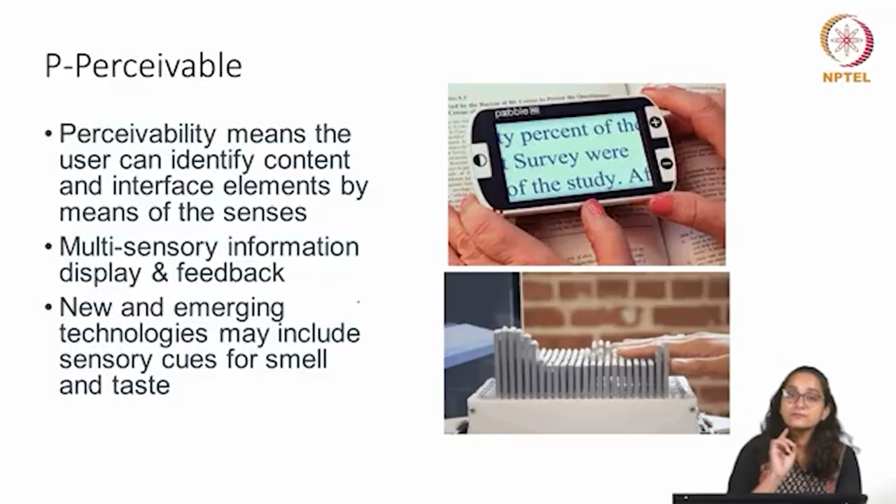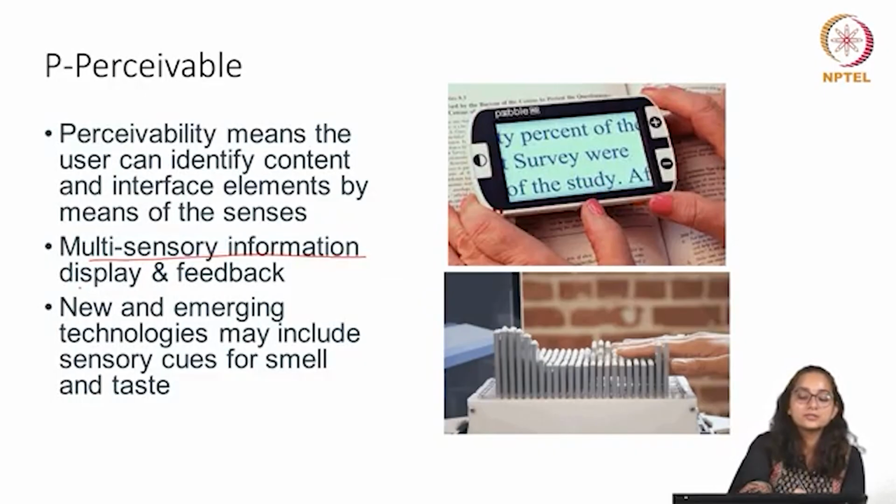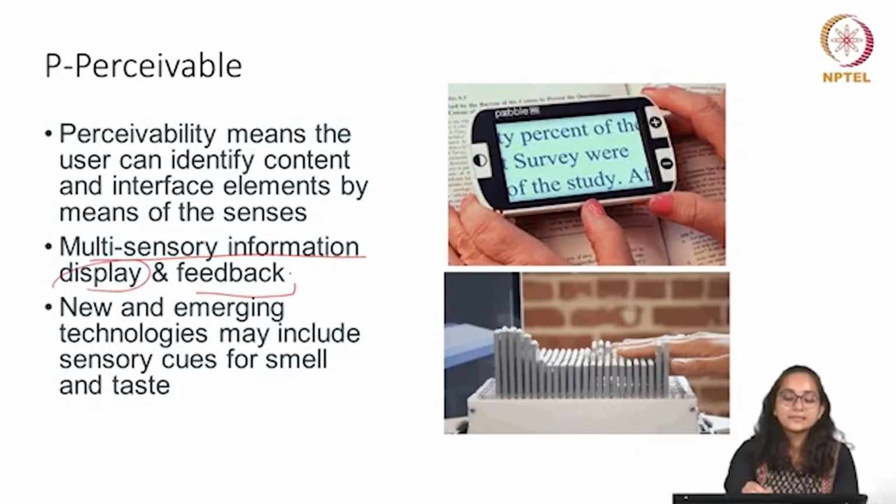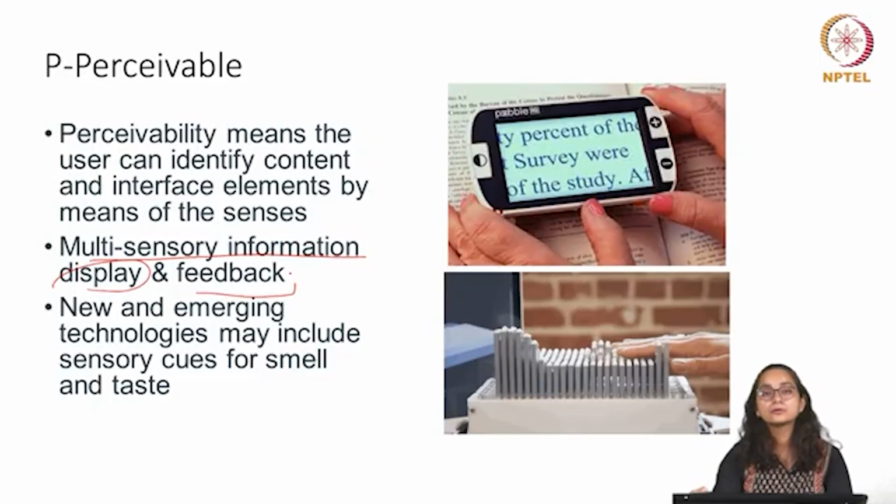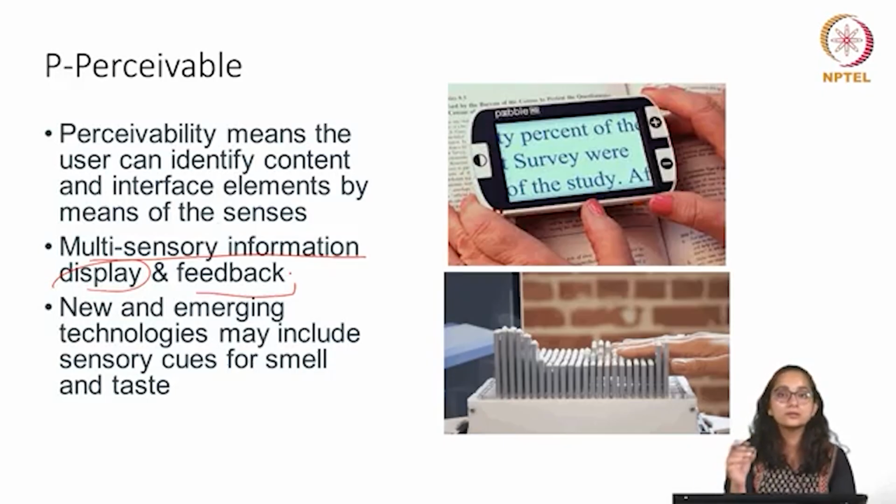So how do we make the information perceivable effectively to all our users or a wider range of users? One way of doing it can be multi-sensory information display outputs or feedback system. Basically, we are talking about tactile, audio, visual, vibrotactile, and even in visual there can be color blindness related limitations, there can be low vision, there can be a spectrum of limitations, right?